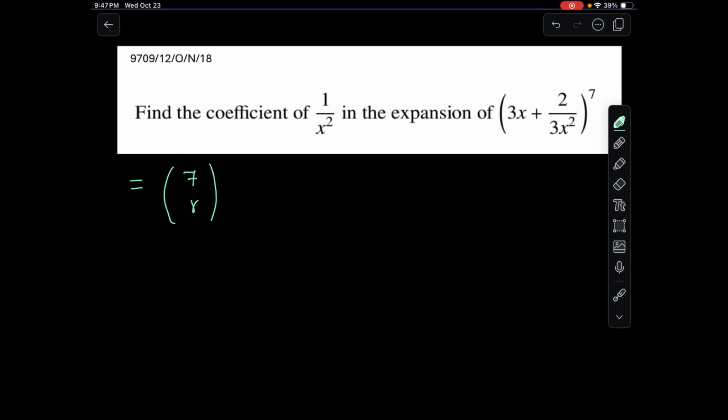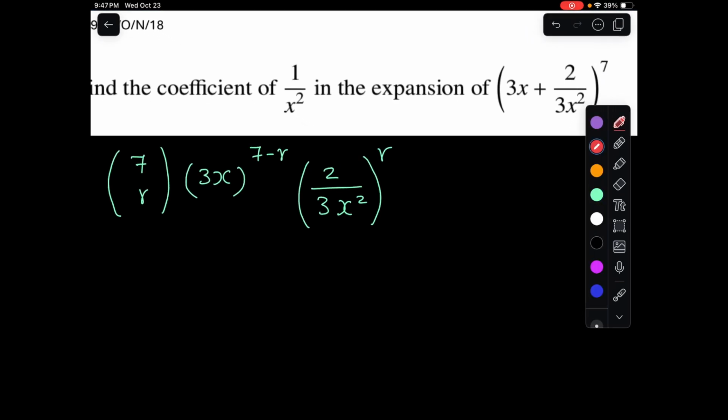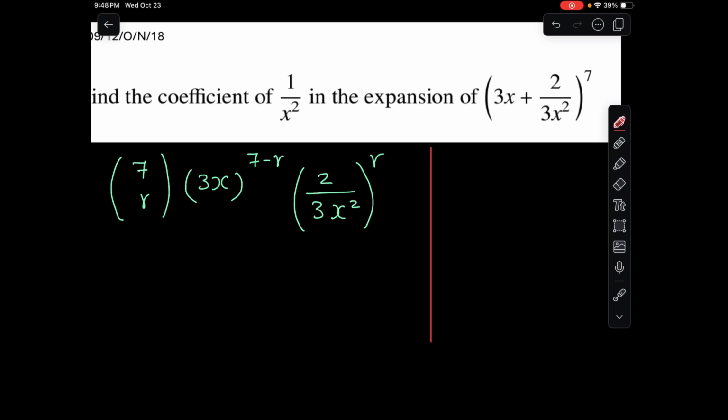7cr, a to the power of 7 minus r, b to the power of r, and we need to work out the value of r. So I'm just going to work out on the side, set up an equation. So we're having x to the power of 7 minus r. This x squared is in the denominator. Take it in the numerator.